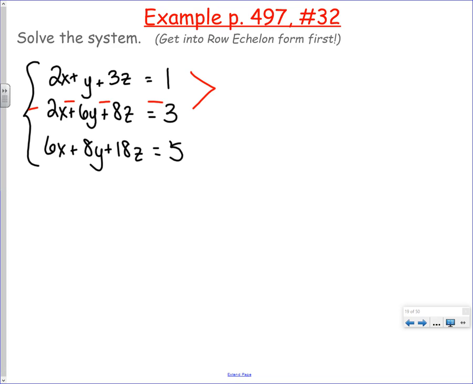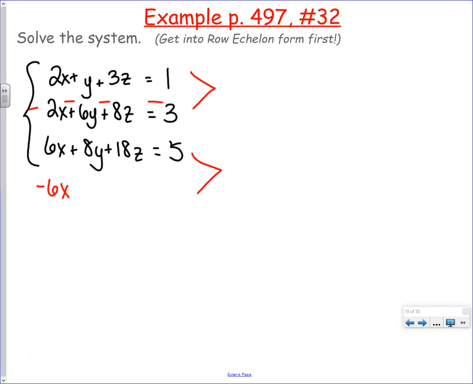You see the system now? I'm taking the first two. Guess what I'm going to do next? Would you guys multiply the middle one by 3 for the second step?